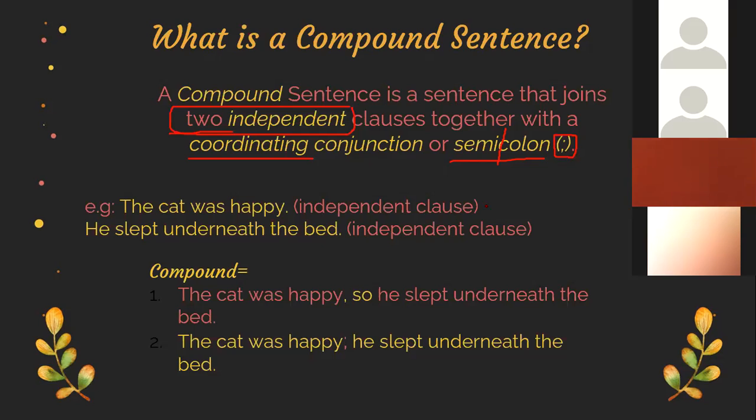In every independent clause, I have subject, predicate, and complete idea. So together, when they make a compound sentence, they will show two subjects, two predicates, and two complete ideas. You see now the difference? Clear? Excellent.